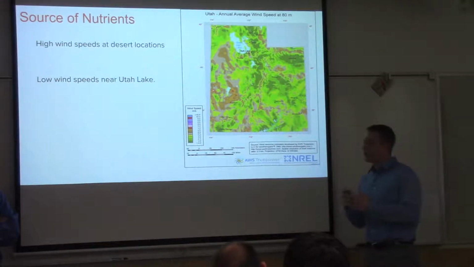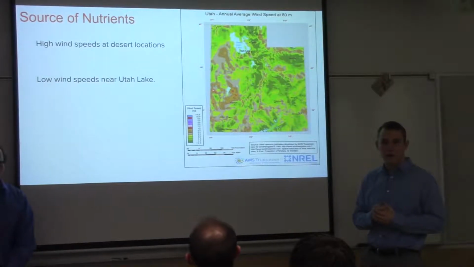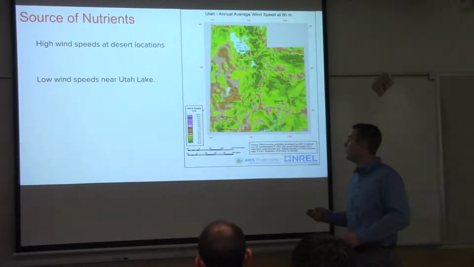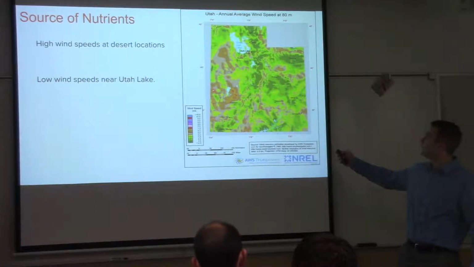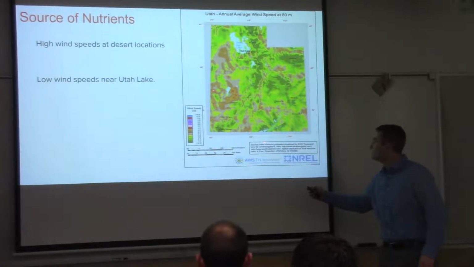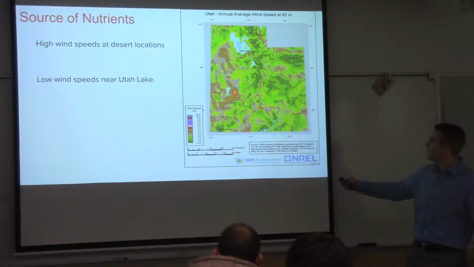So we want to talk about the source of the dust and the atmospheric deposition. If we look here, this is a wind speed map at 80 meters of Utah. And over here, this is the severe dry lake bed area over in the west desert of Utah.